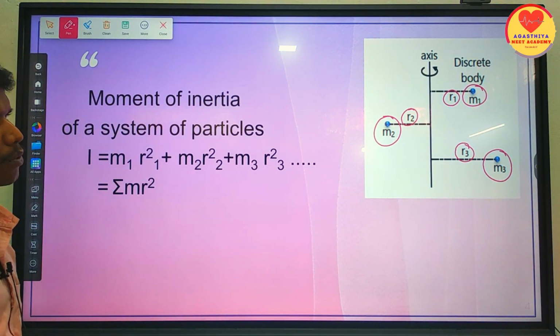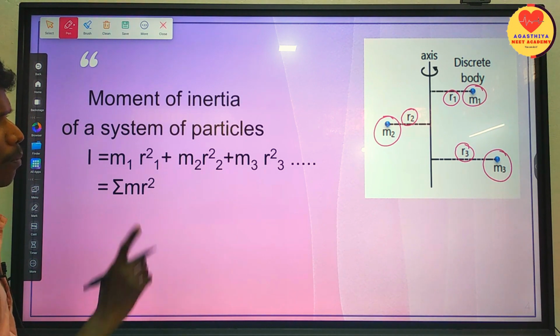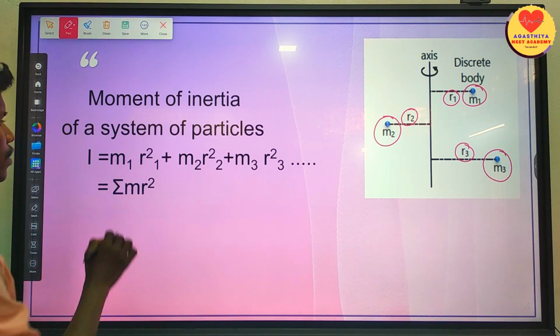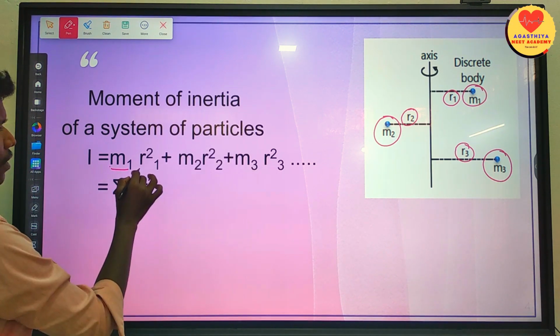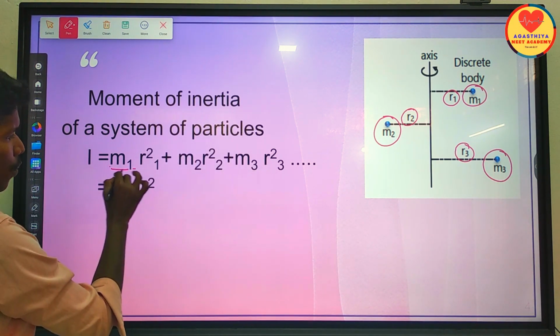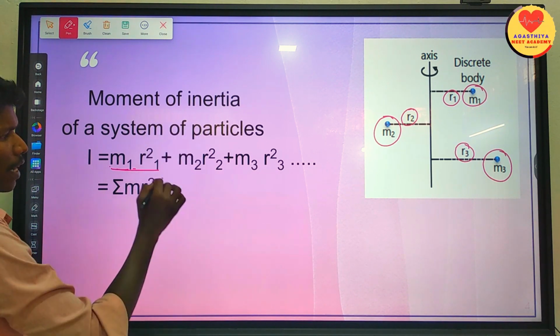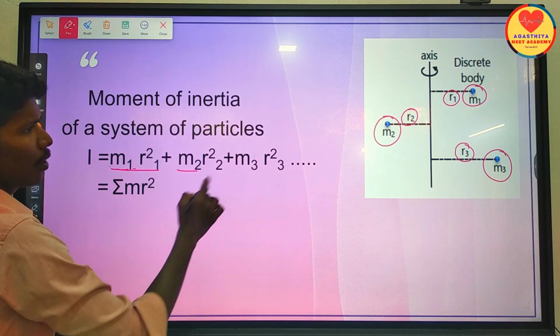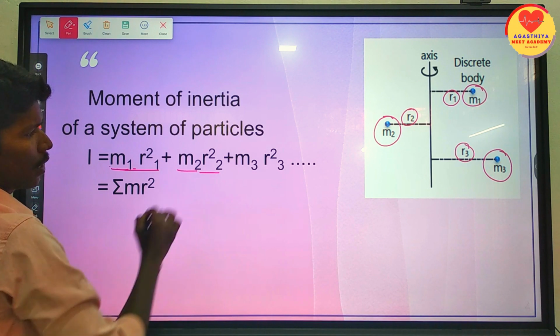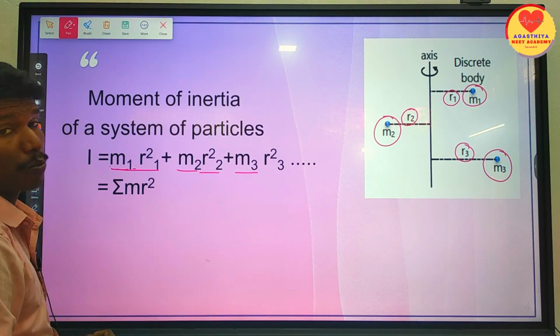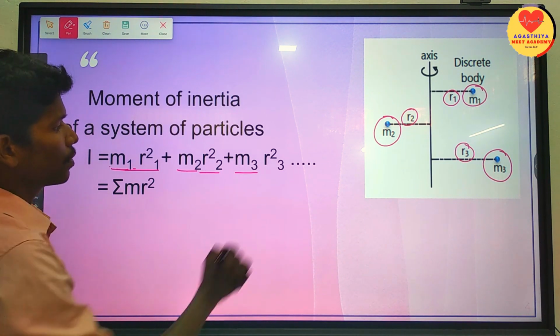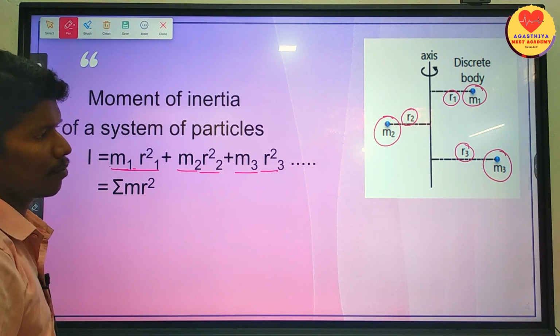Now I am going to write for the first particle of mass M1 at distance R1: I equals M1 R1 square. Now second mass M2, distance R2 square. Then third mass M3, perpendicular distance R3 square.